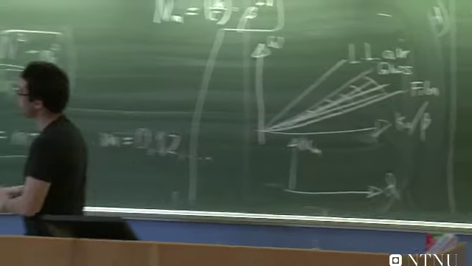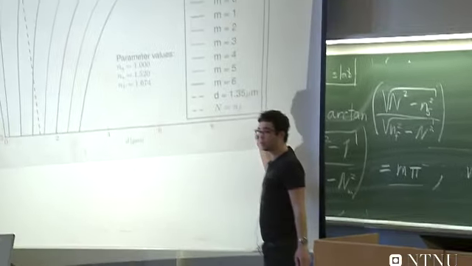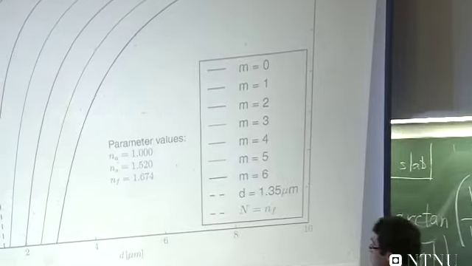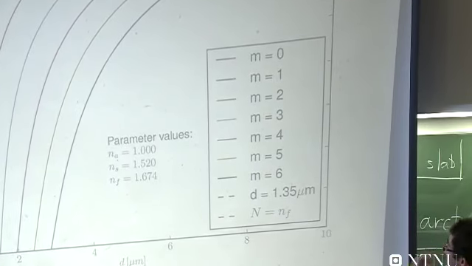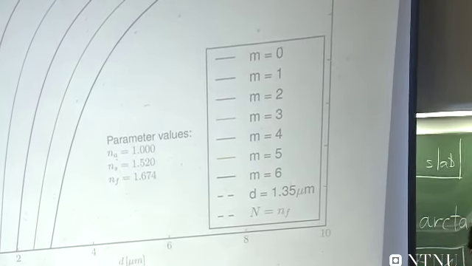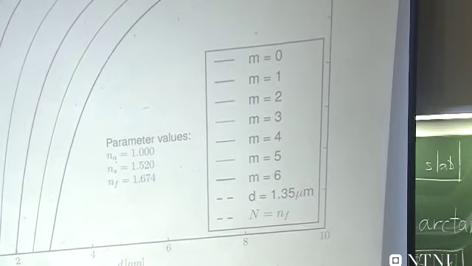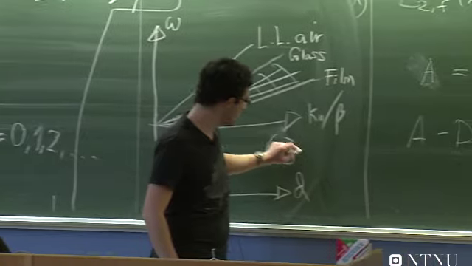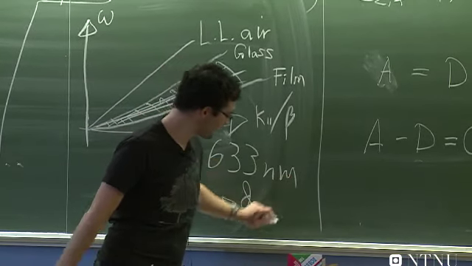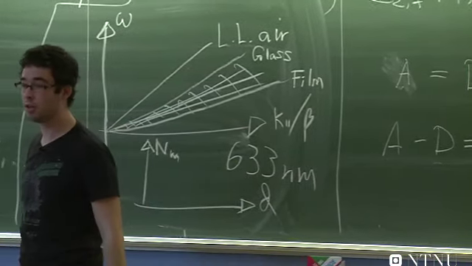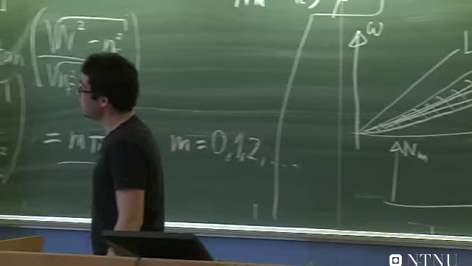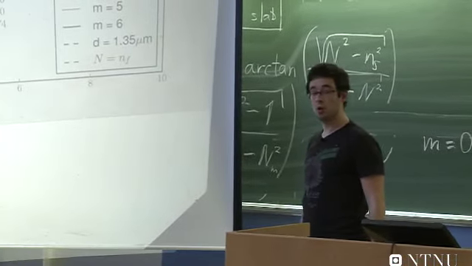So if you have a look at this, if d is 10 micrometers, and the wavelength I used was that of a red helium neon laser. I forgot to put that on. So that's 633 nanometers. So it's typically a red laser, like the ones you use in the optics lab.